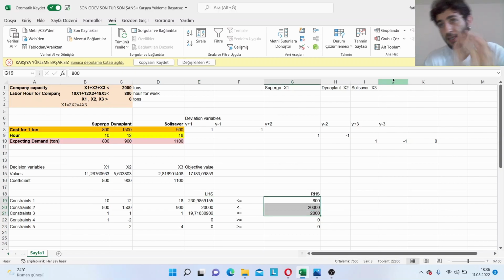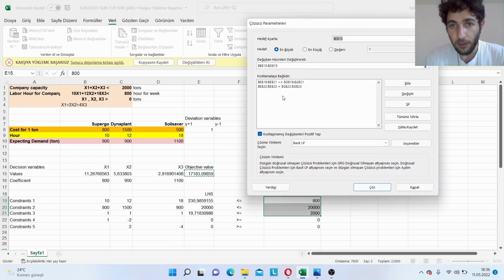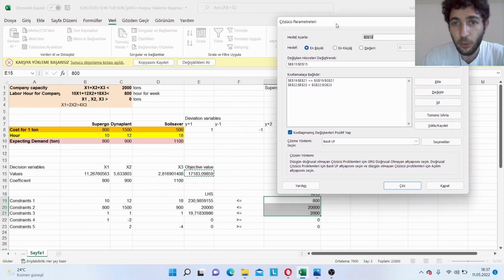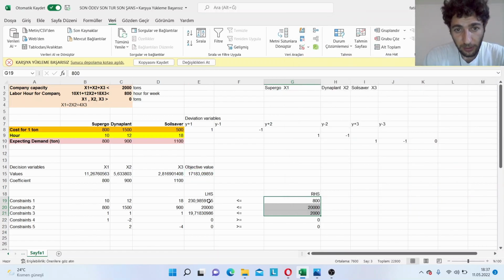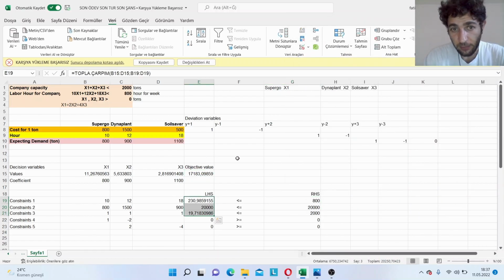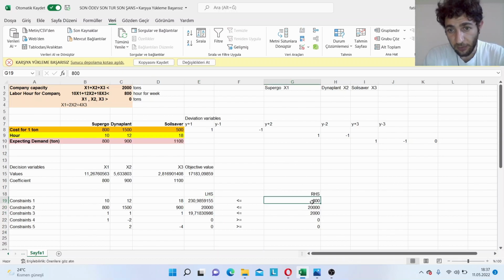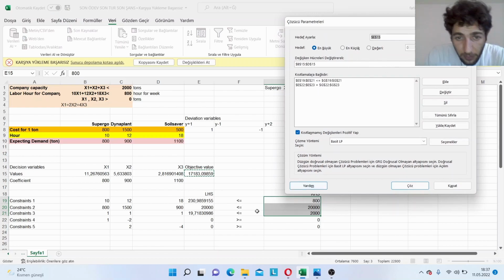So we need to say this in the solver. You see E19 and E21 must be less than or equal to G19 and G21. E19 here and G19 and 21 here. Okay, and after that we need to set the equalities for the other ones.